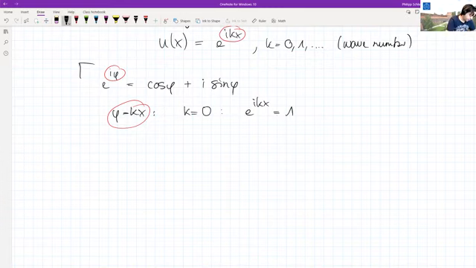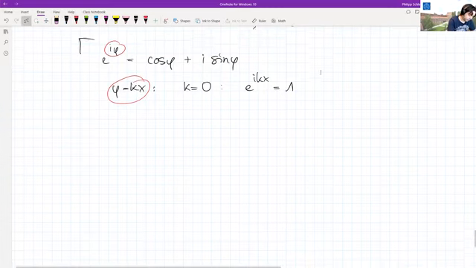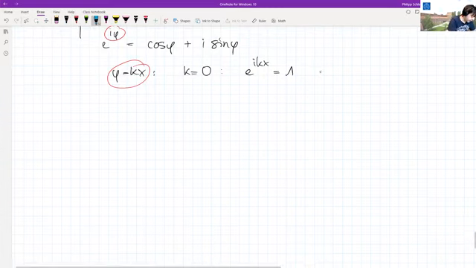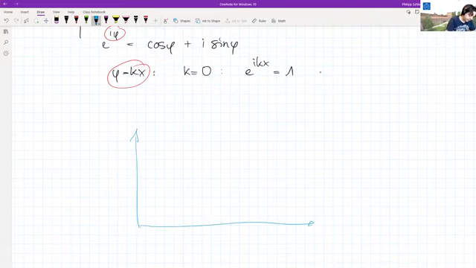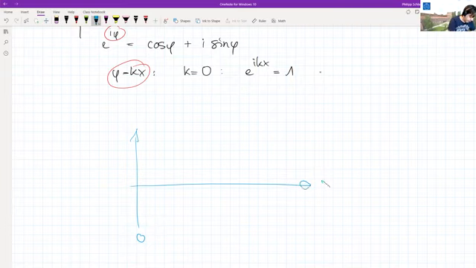And if I draw that in a graph, so if I have x here, maybe 2 pi, and this would be 0, and here it goes from minus 1 to 1.